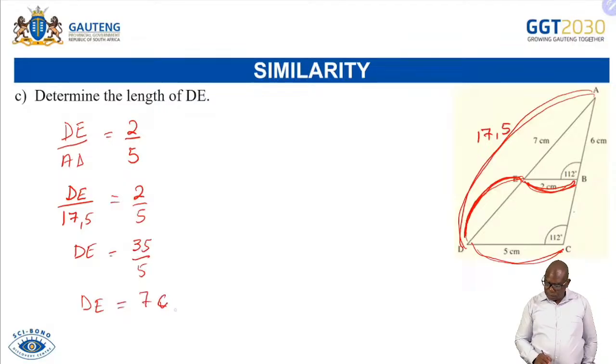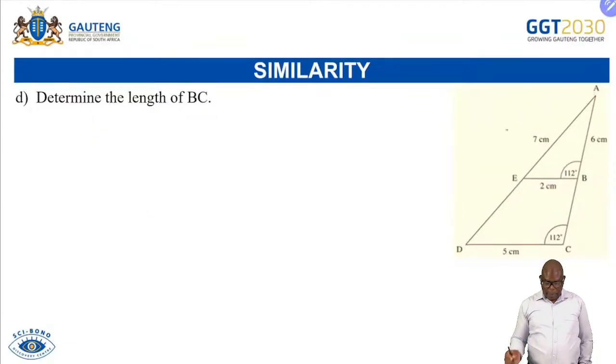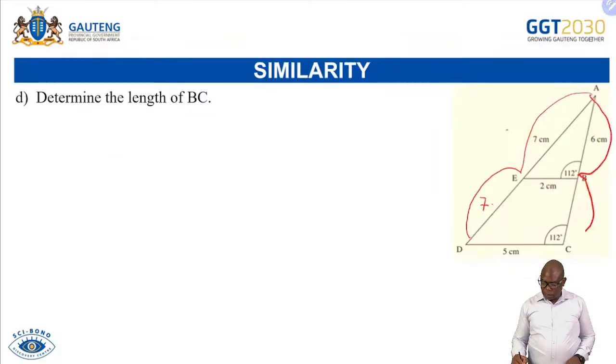I think it's in centimeters. Yes, it's in centimeters. So I can have DE as 7 centimeters. Okay, right. Now, determine the length of BC. In this case, how am I going to get the length of BC? Now I know that one is 7. And if this is this over that, it's 1. Obviously, this over that will also be 1.